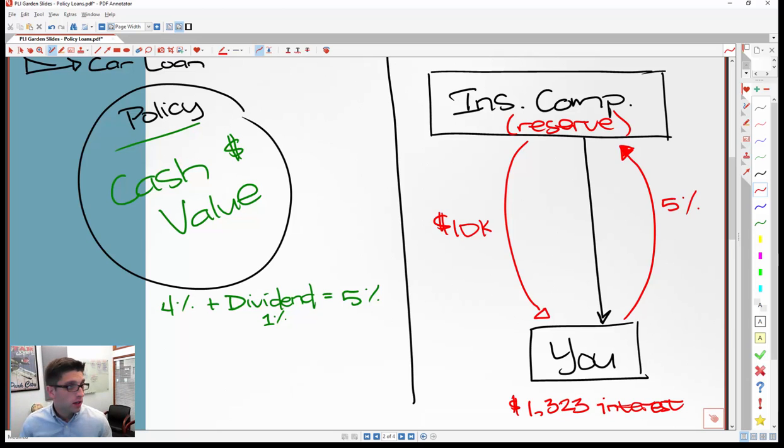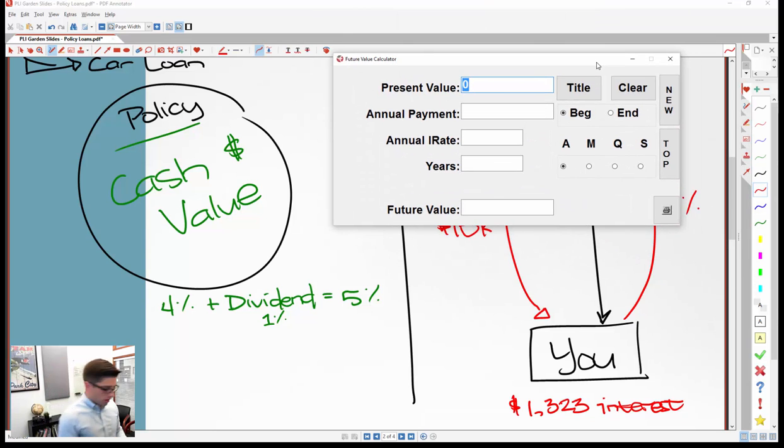Okay. Now going over here to our policy, let's now calculate the growth that we had inside that policy. Okay, so here's our next calculator. We have $10,000 inside of that cash value.